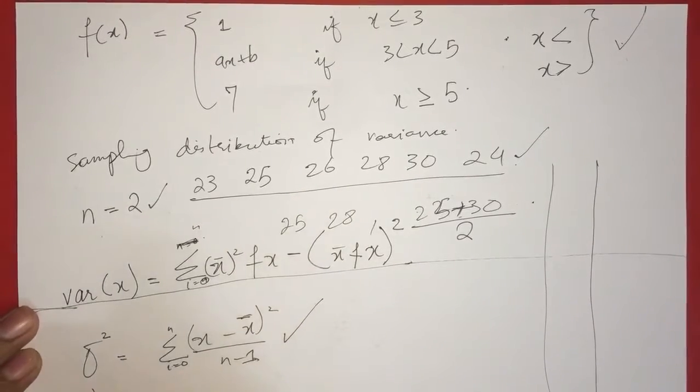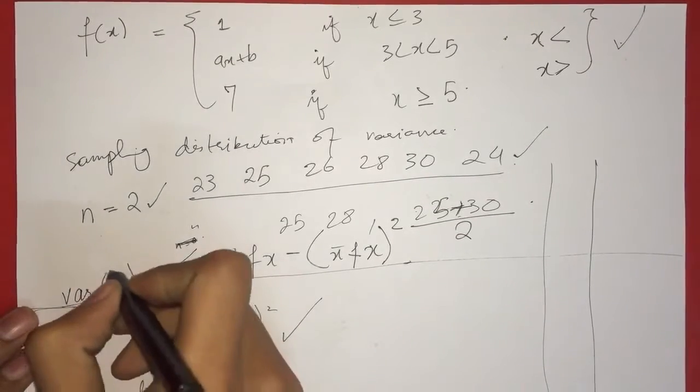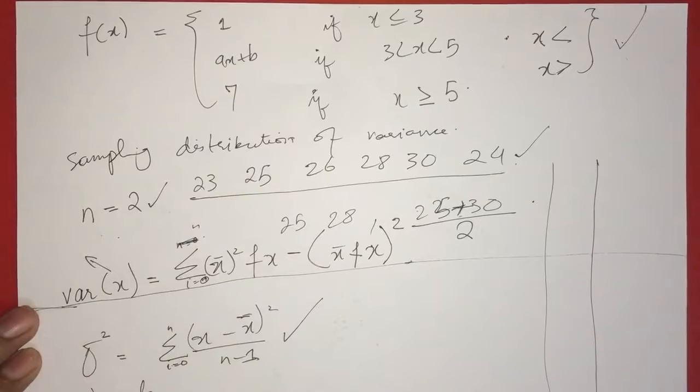Yes, alright. So this is the formula for the variance of a sample, sigma square, and the other is the formula for variance of the population.